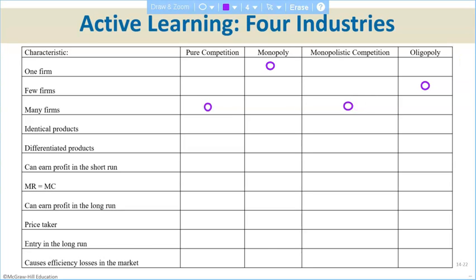Next is identical products. This is the main characteristic of pure competition, that they have identical products. It's also possible for an oligopoly to sell identical products. Next characteristic is differentiated products. This is monopolistic competition.